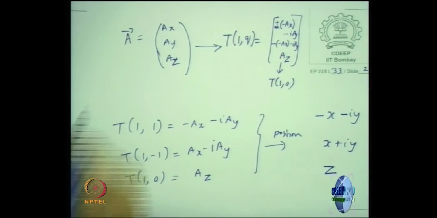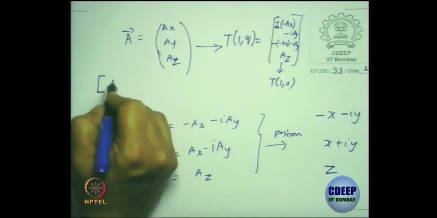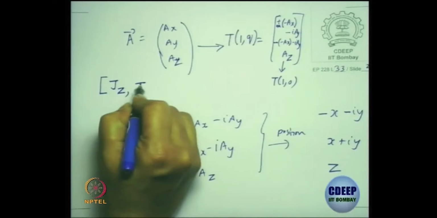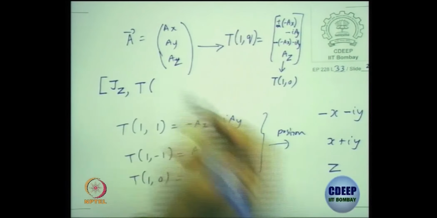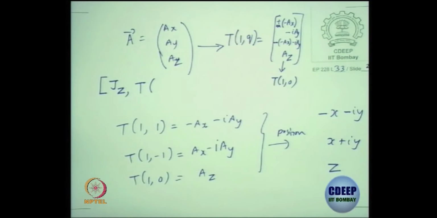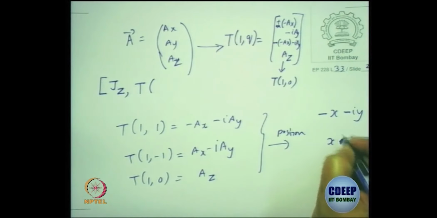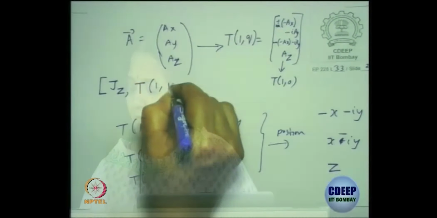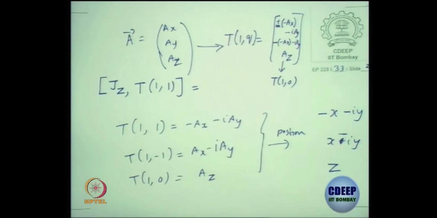Then I would like to look at Jz with T of... something wrong. Did I make a mistake? Yeah, this is minus iy. Thank you. So now do Jz with T(1,1). What are you getting?